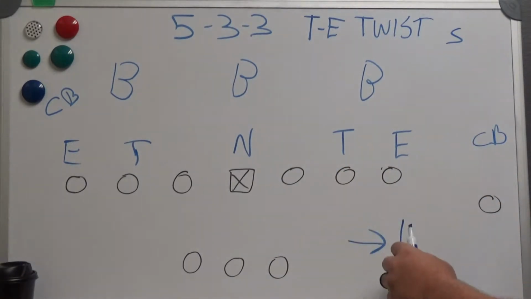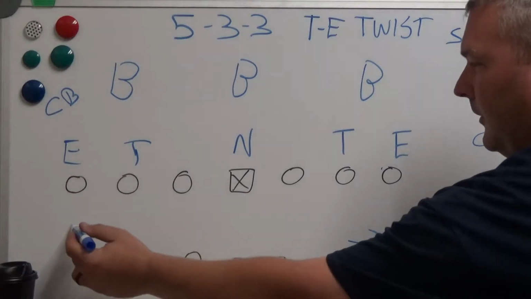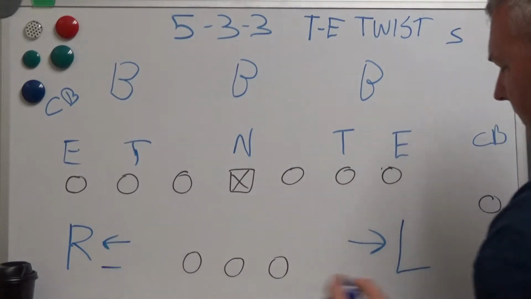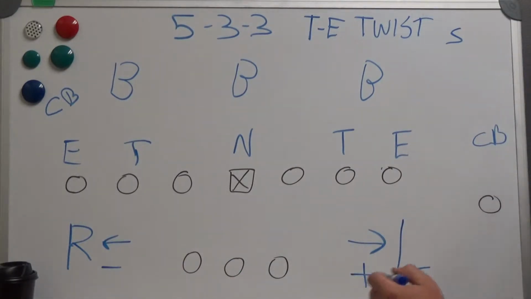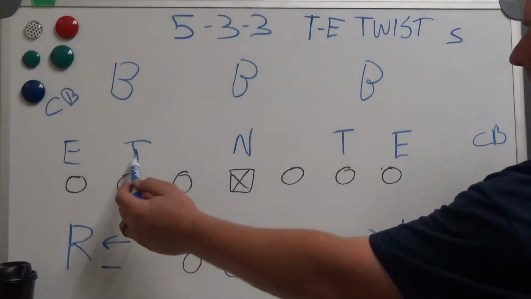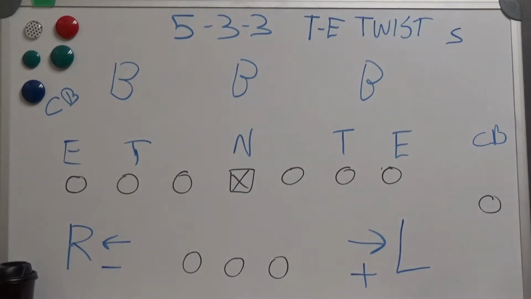Strong side tackle and twist, because it's strength. We're always going to call the right weak, left strength. So if we run a weak side tackle and twist, that tells us our right defensive tackle and end are going to run the twist.